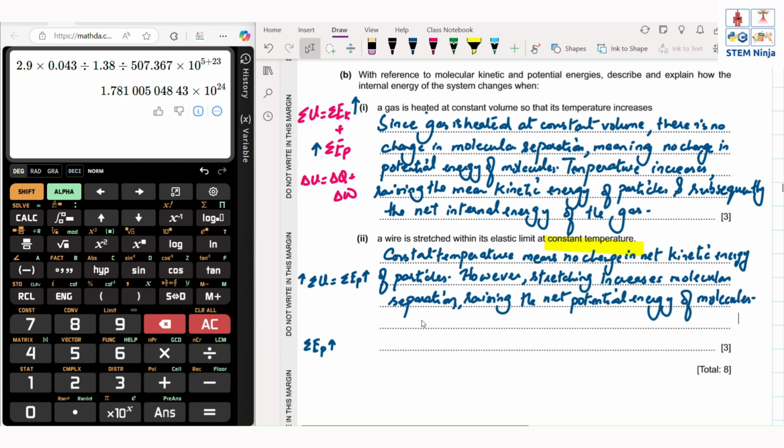Therefore, the internal energy increases. That's it.